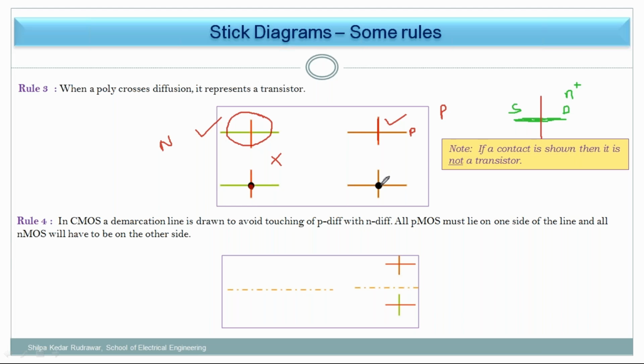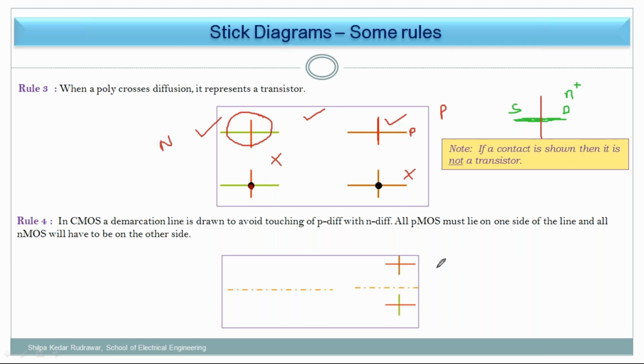But if I put a dot there, there is an electrical connection between them, and it will not act as a transistor. Keep a note of this: if a contact is shown, it is not a transistor. But if you use proper diffusion material and the gate, then it will be a transistor.